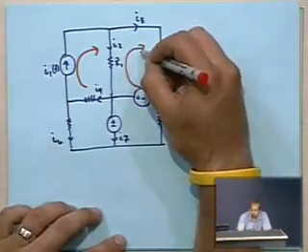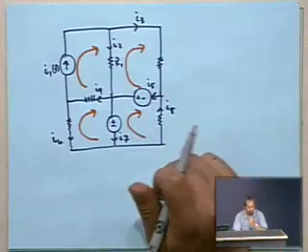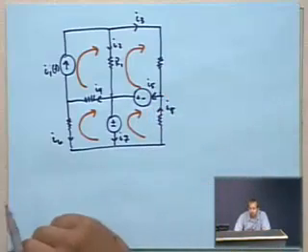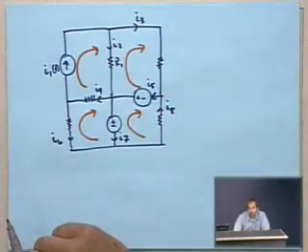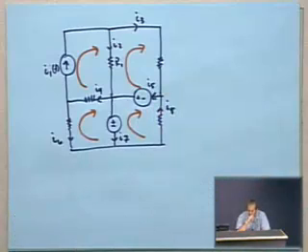You can introduce those mesh currents to flow whatever way you want. Traditionally speaking, we make them clockwise, but as we go, I will show you some circuits where it makes sense to define them the opposite way. The key thing is to do it consistently no matter how you do it.